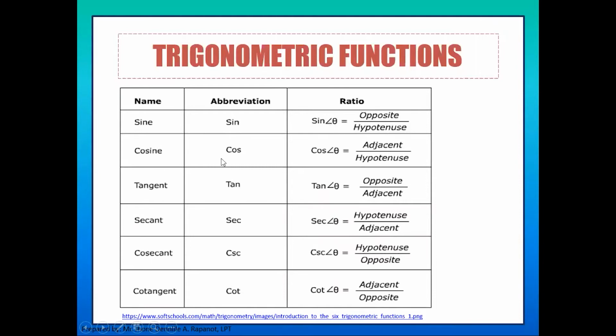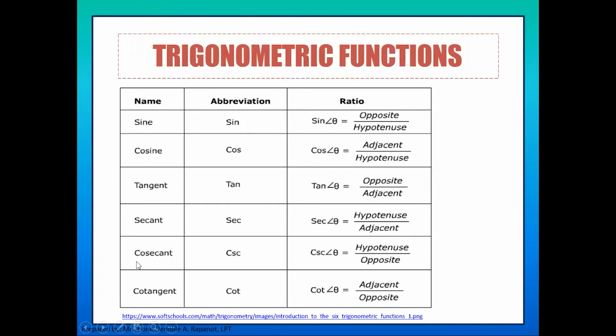We have cosine, abbreviated as cos. Cos of angle theta is equal to adjacent over hypotenuse. We have tangent, abbreviated as tan. Tan of angle theta is equal to opposite over adjacent. Secant, abbreviated as sec. Sec of angle theta is equal to hypotenuse over adjacent.